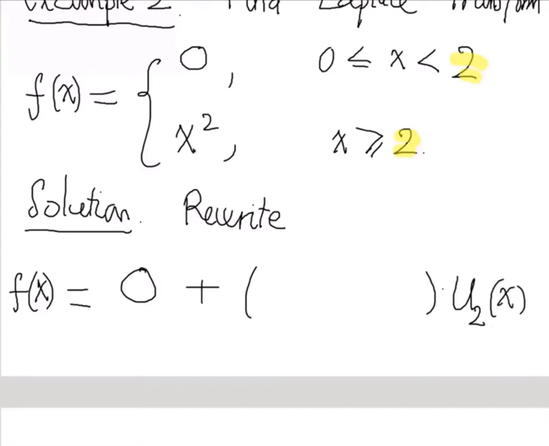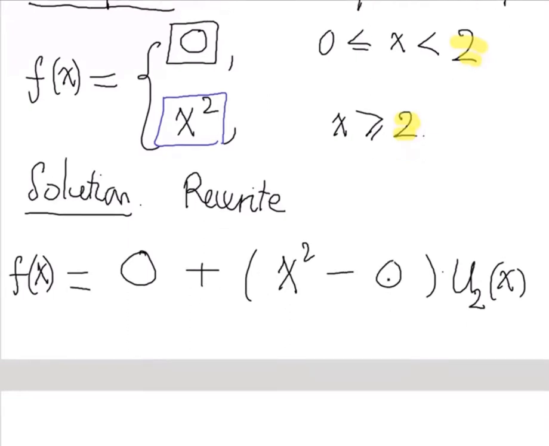What is the difference between the two formulas? The first formula is 0, and the second formula, when we change to 2 and beyond, is x squared. The difference is just x squared minus 0.